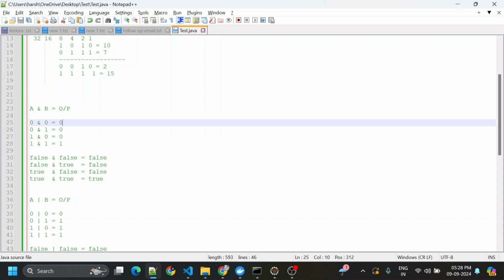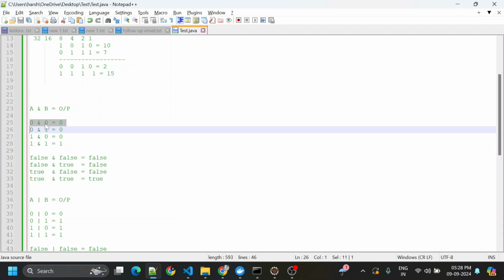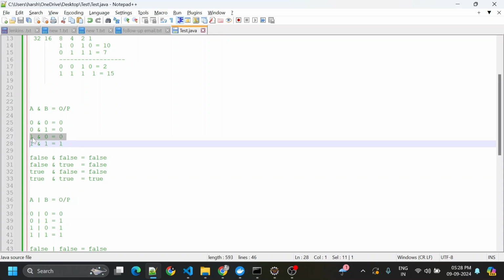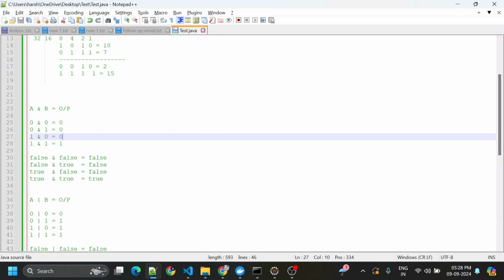So what is happening with AND is that anywhere if it is 0, the output will be 0. See, in the first one we have both 0 and 0. In the second we have 1 and 0. In the third we have 1 and 0 as well. The answer is 0.